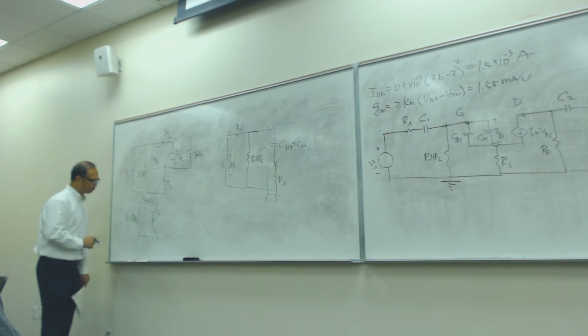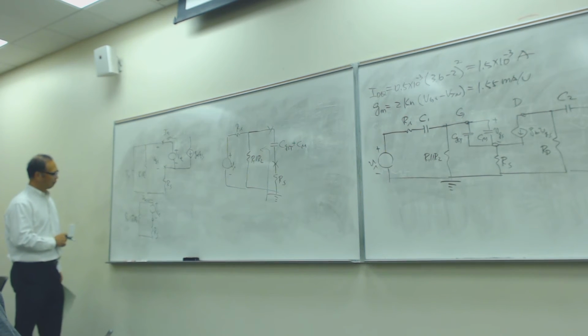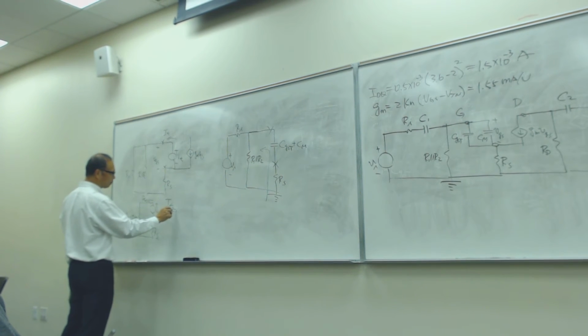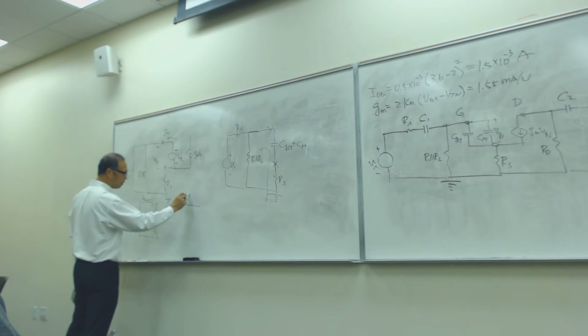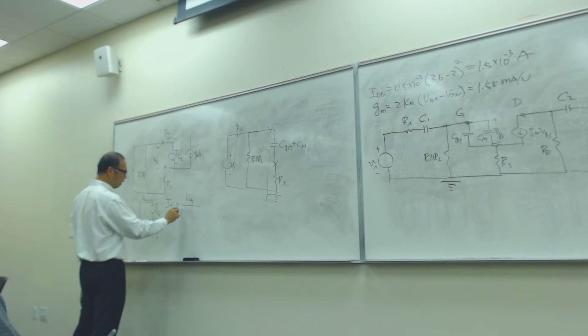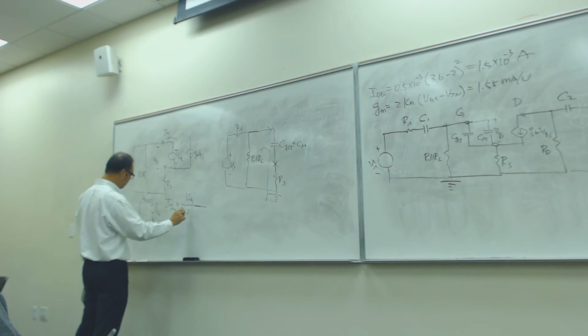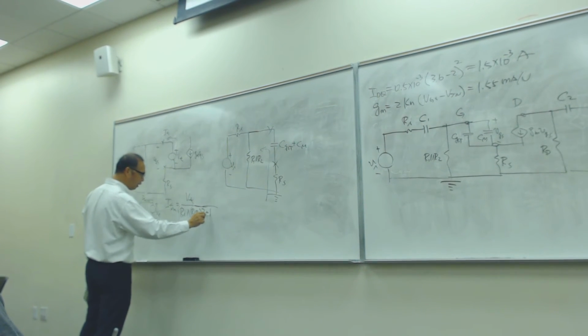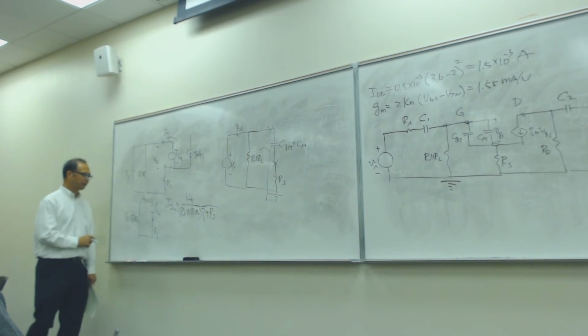It shows the current. So I test equal to Vt, right? Vt divided by Ri in parallel with R1 in parallel with R2, plus R sub S. Yes?